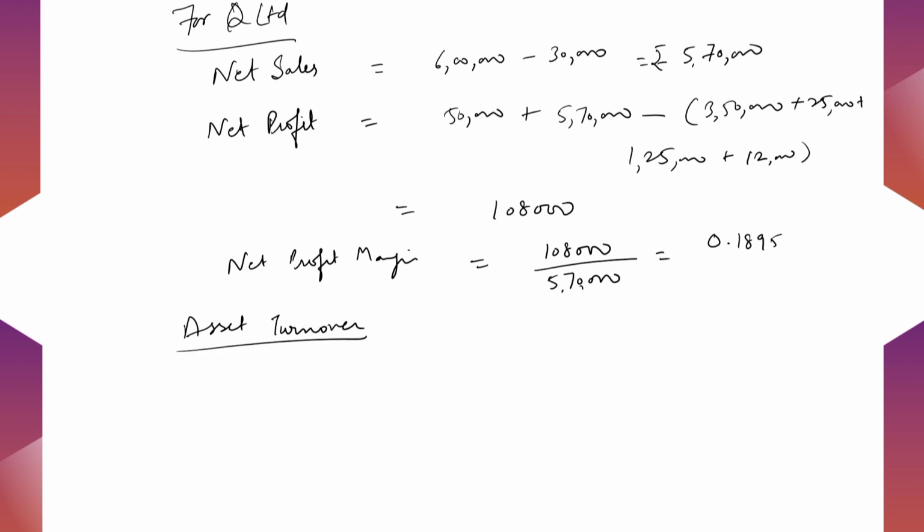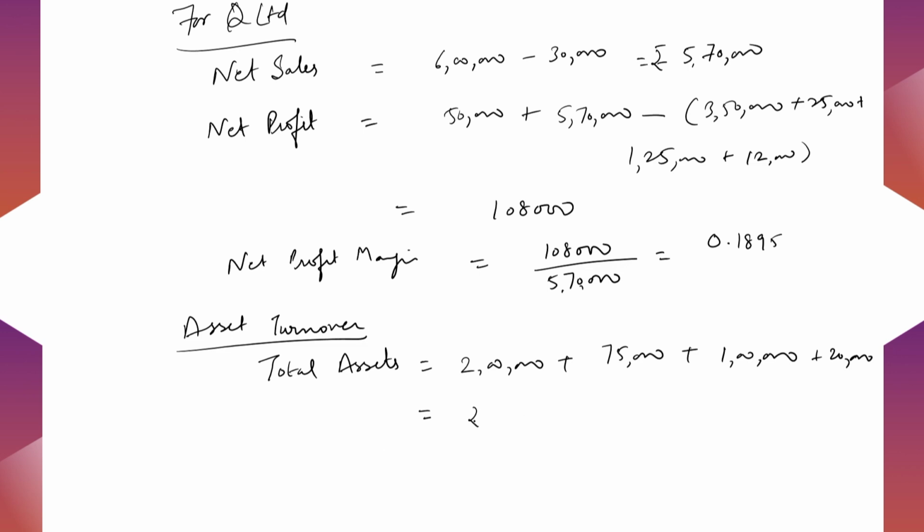Now we calculate the asset turnover. For that we need the total assets, and here in the company Q Limited, net assets would be the fixed assets 2 lakh plus the stock 75,000 plus debtors of 1 lakh plus 20,000 cash.